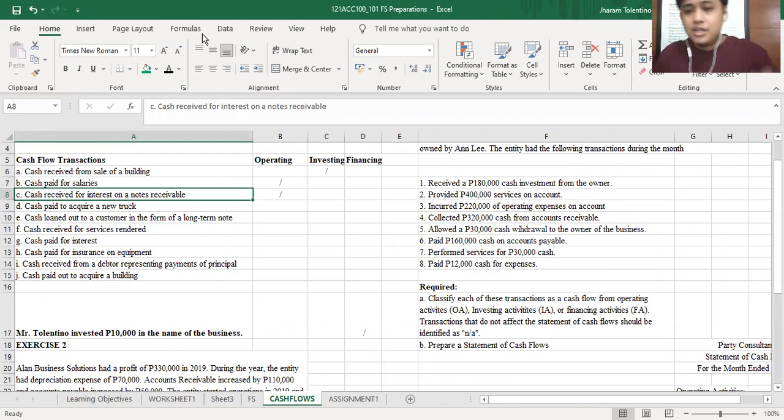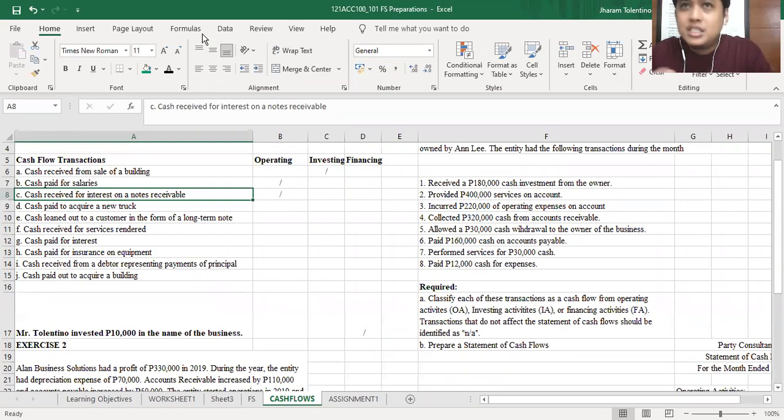Kasi ang interest, as you go to higher accounting, ito yung rule: kung kaya mong ma-identify kung saan nanggaling yung interest, doon mo siya ilagay. Ang notes receivable, kailangan maliwanag: is it long-term or short-term?